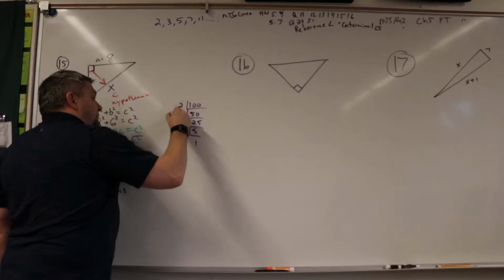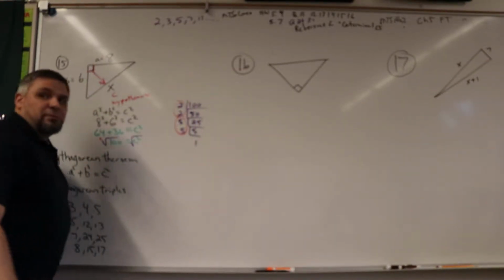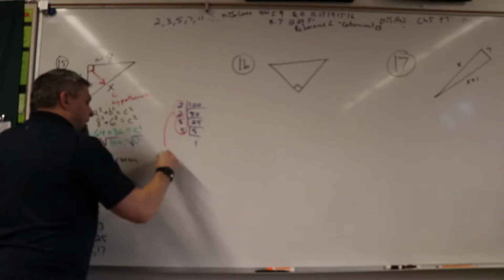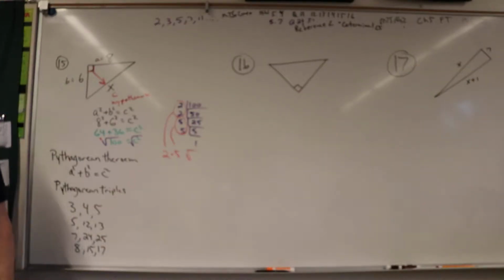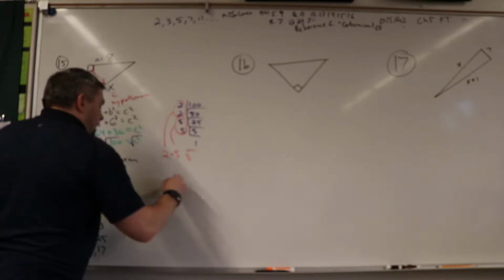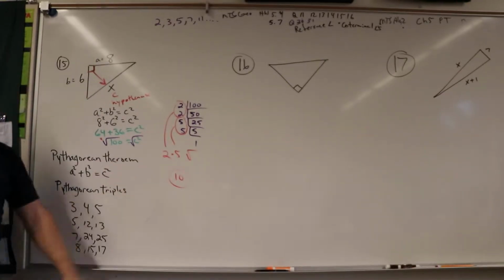For every pair I take out 1, and I leave in there whatever's left. But there's nothing left, so there's nothing to square root. It's just 2 times 5, which is 10. So the square root of 100 is 10.